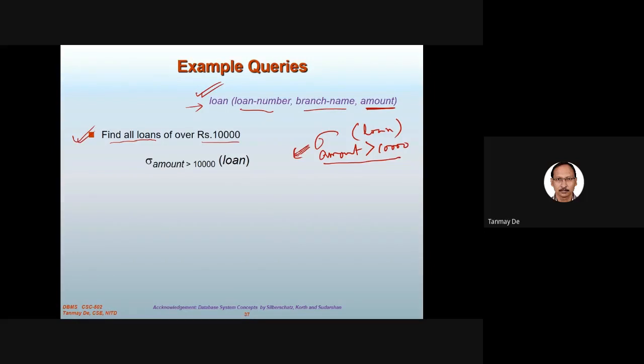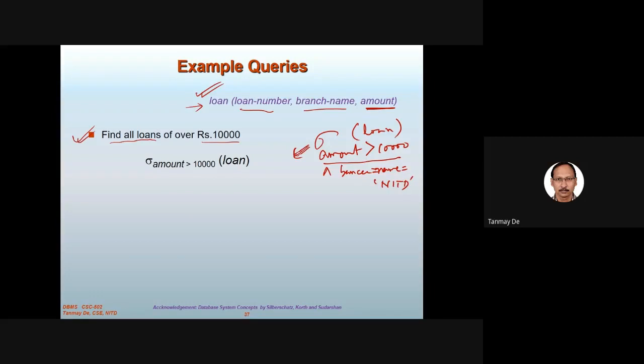Suppose we want the loans where the amount is greater than 10,000 and also the NIT Durgapur branch, that is, all the loans in the NIT Durgapur branch over 10,000 rupees. Here we can add one more condition with and: branch name equals NITD.